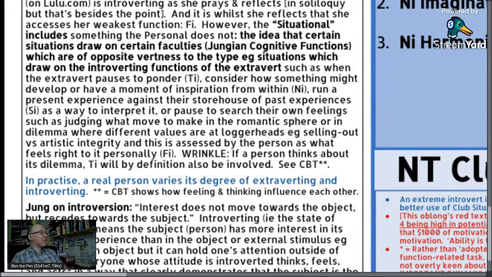Say the ENTJ may have done something that others criticized as being a little bit heartless and not considering people enough. Or maybe the ENTJ lost a relationship through working too hard, their marriage is in trouble, and they're going to be forced into Fi.